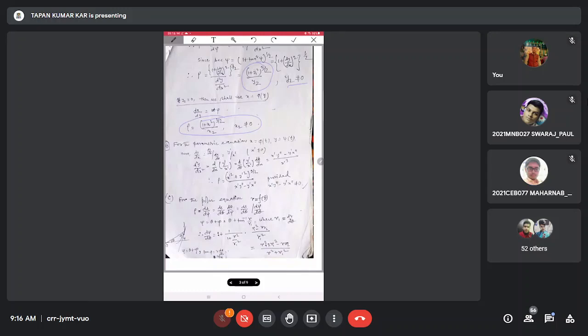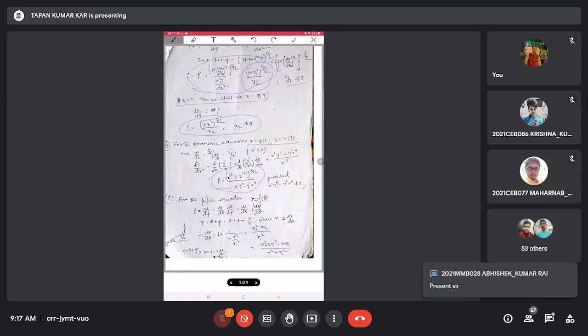And for the parametric equation, if you consider x equal to phi(t), y equal to psi(t), then this is the formula for the radius of curvature. Also, even if it is a parametric equation, you can use the earlier formula too, because from dx/dt and dy/dt you can find dy/dx.